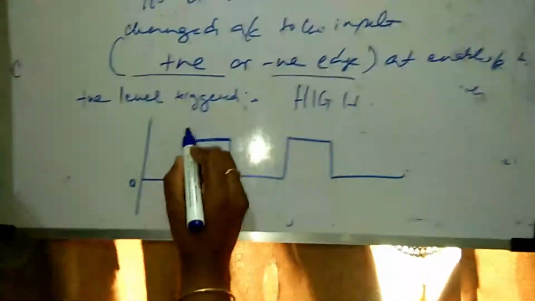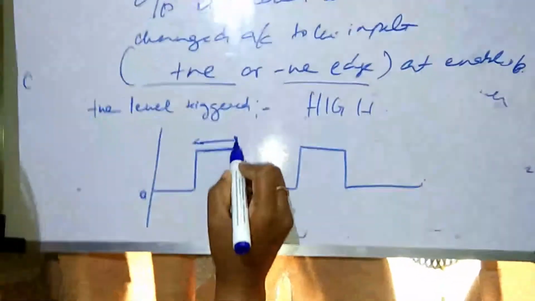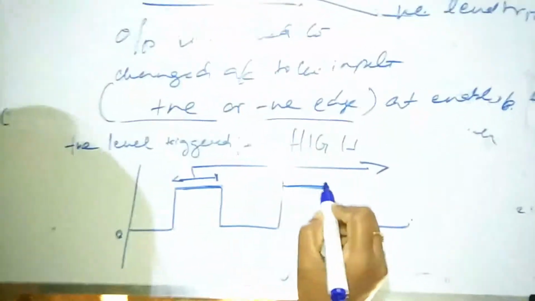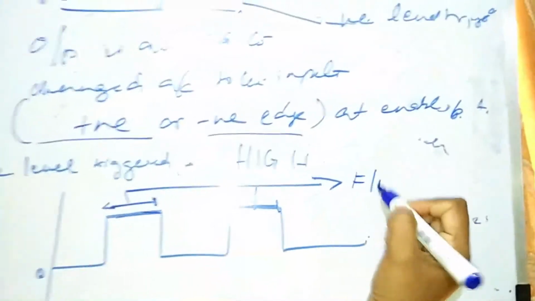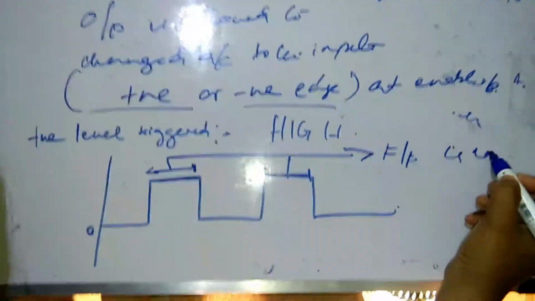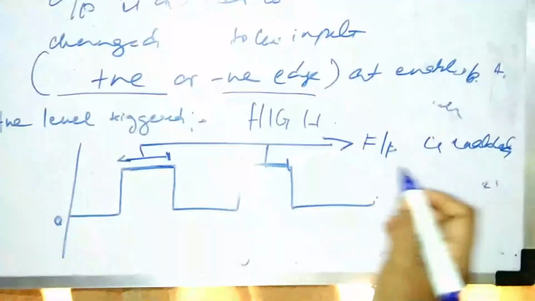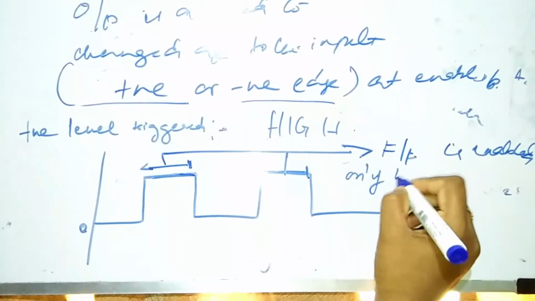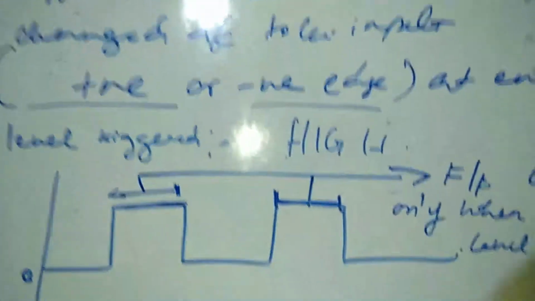Let me say this is your 0, and let me say this is the flip-flop. The flip-flop is enabled only when the level of the E input is high.